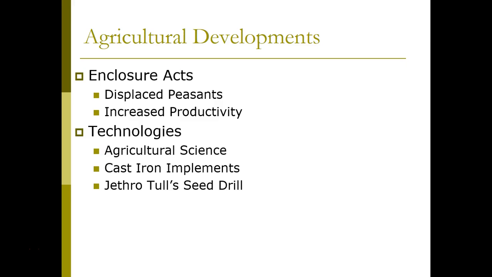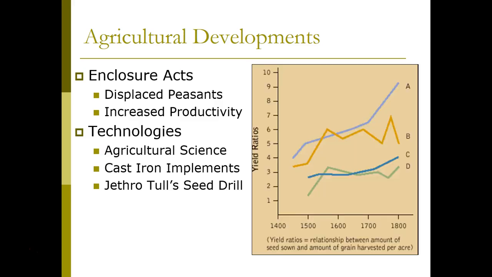The effect of that is if you plant the same amount of seed, a greater proportion of it will actually lead to food. This is something called a yield ratio. If you look at this particular chart on the left, the yield ratios up here, that's how much of the seed that you plant actually produces food.